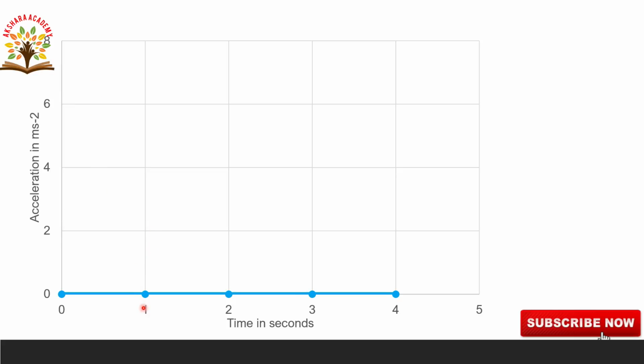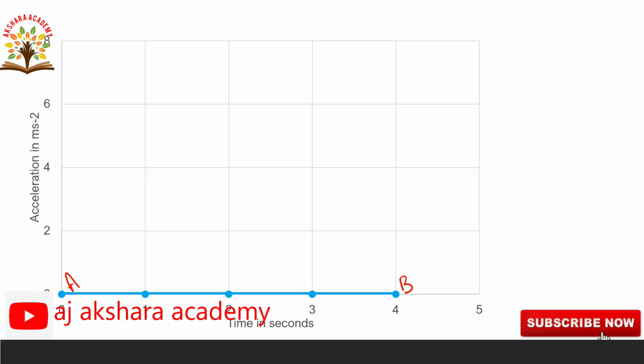Here in this graph, we are assuming that this point is A and this point is B. We are drawing the graph for 0 seconds, acceleration also 0, and for time 1 second, a is equal to 0, for time 2 seconds a is equal to 0, for time 3 seconds a is equal to 0, and for time 4 seconds also a is equal to 0.